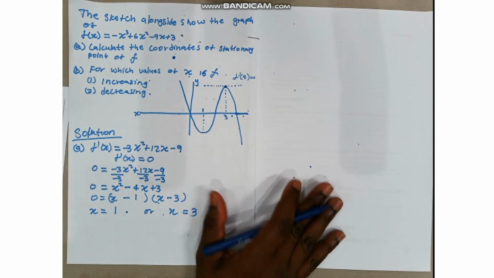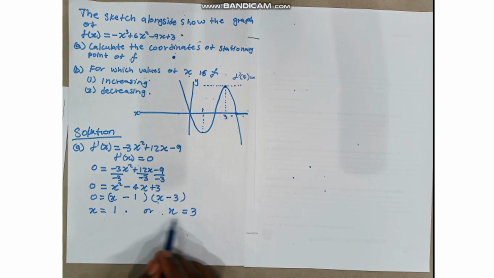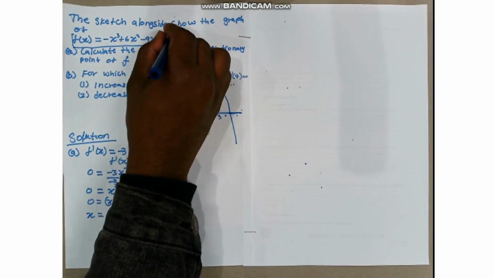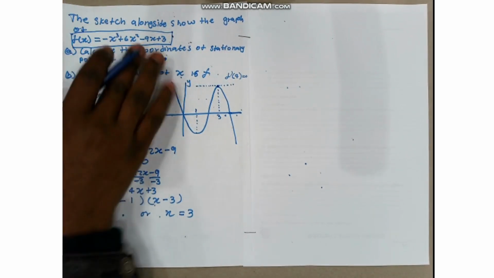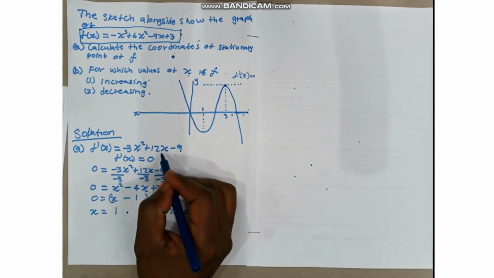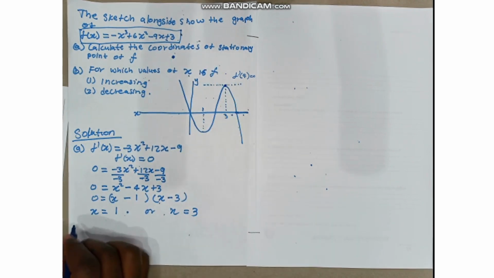Now we need to find our y. They say coordinates, so we need to find y. How do we calculate y? I hope you still remember. We take our x values and substitute them into the original equation. That's where we calculate our y coordinate. We don't substitute into the derivative, but into the original function.